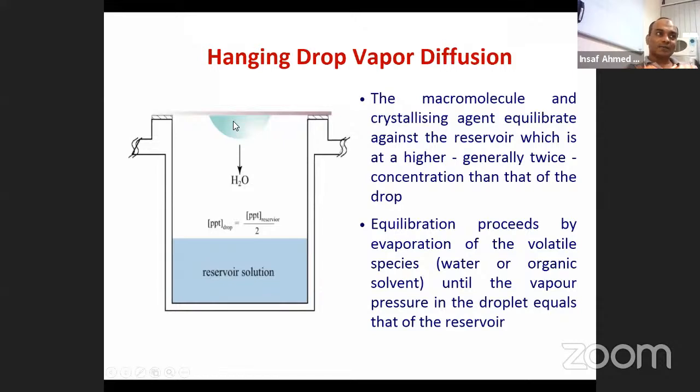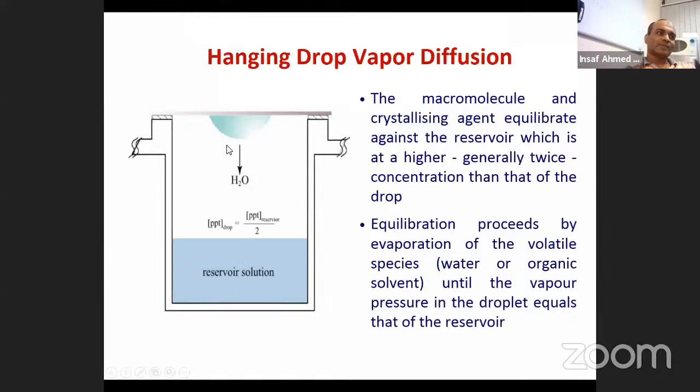So the concentration changes here. Suppose the concentration of protein was 10 mg per ml. In the drop, it will be 5 mg per ml because you diluted. Now when water comes out and NaCl goes there, the protein concentration will change from 5 mg per ml to 6 mg, 7 mg, something like that. Nobody knows exactly what the concentration is, but there will definitely be some exchange of water.